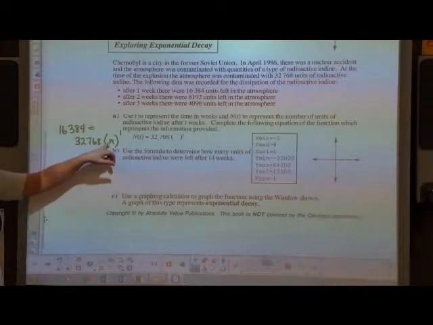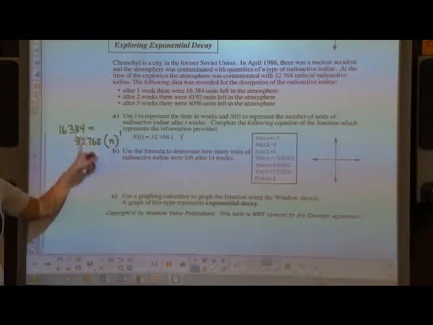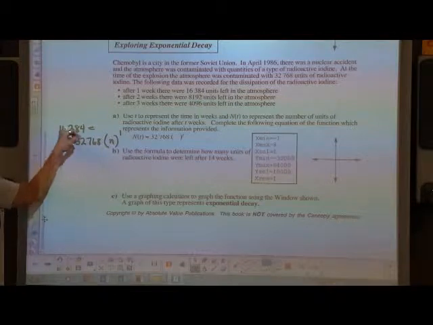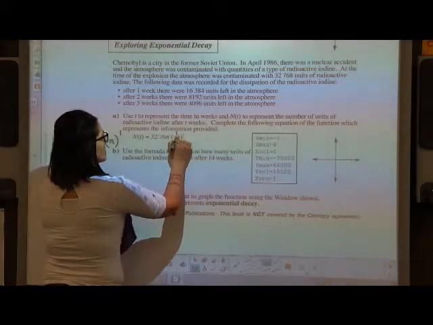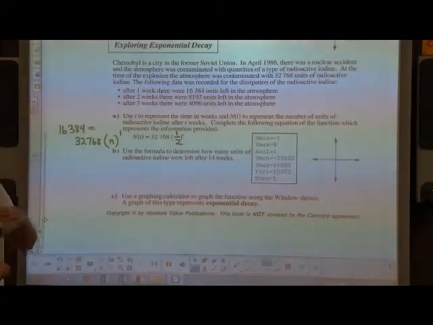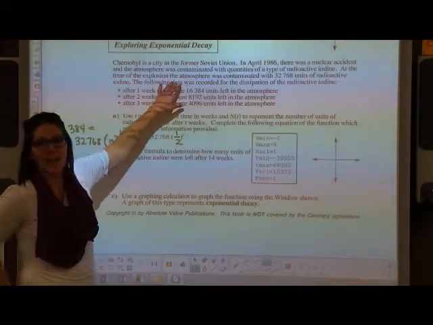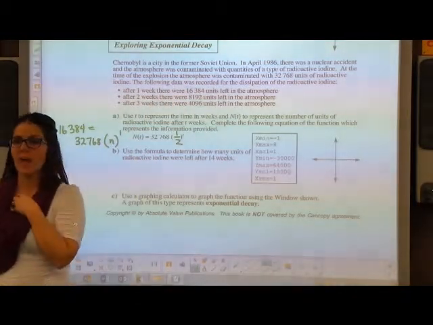So 32,768 n. To get n by itself, I would divide both sides by this 32,000. So what is this 16,000, whatever, divided by this 32,000? One half.